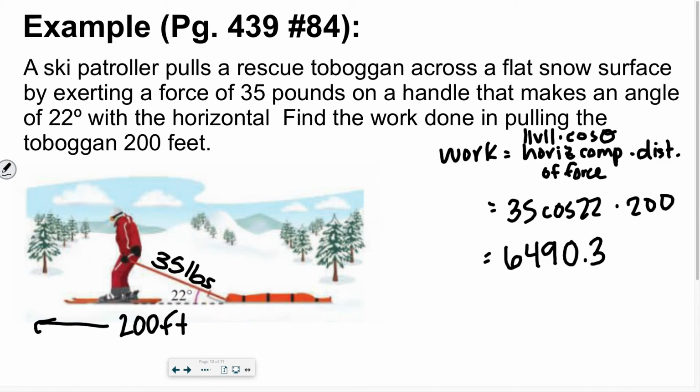So 6,490.3, and some people in third hour said that in physics you would call that joules. Okay, mathematicians, different breed of people, they're just going to say, what was your label for force? Pounds. What was your label for distance? Feet.